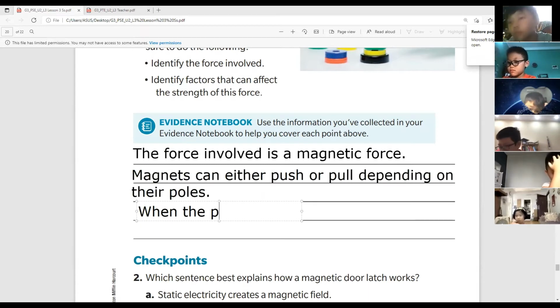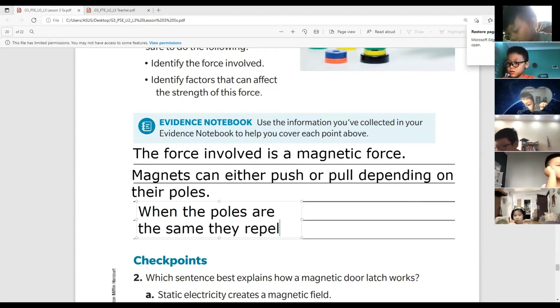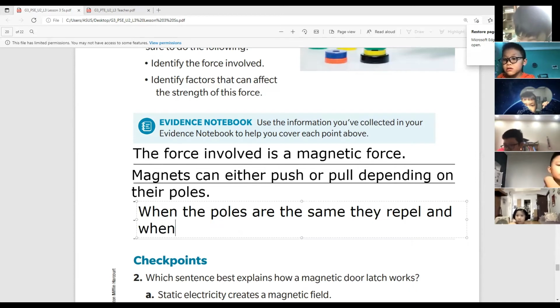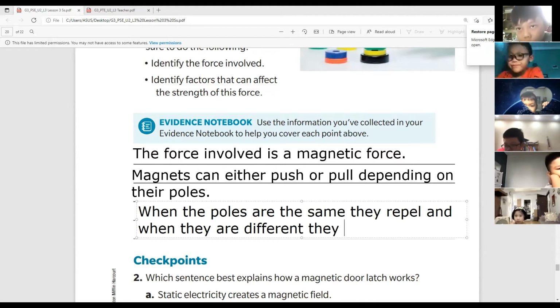When the poles are the same, they repel. And when they are different, they attract.